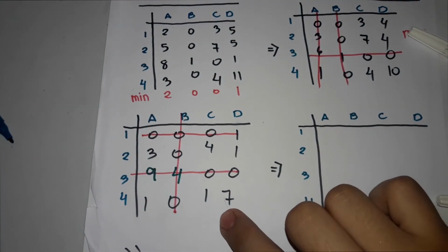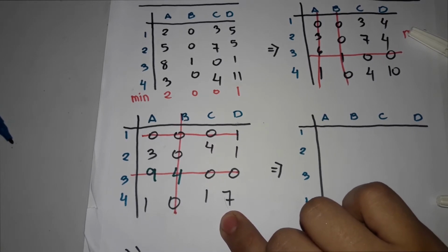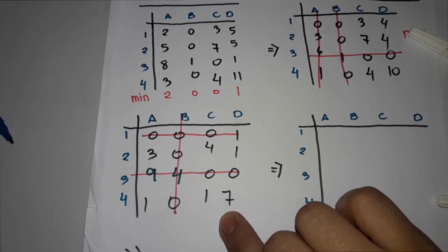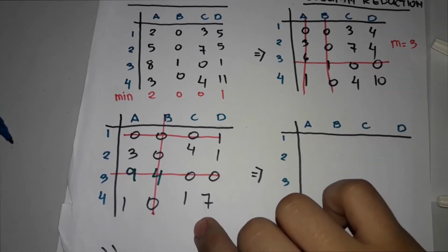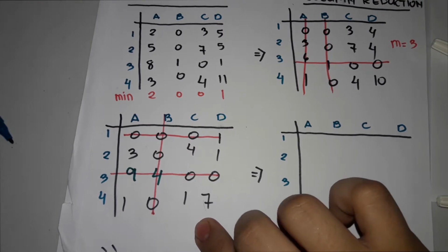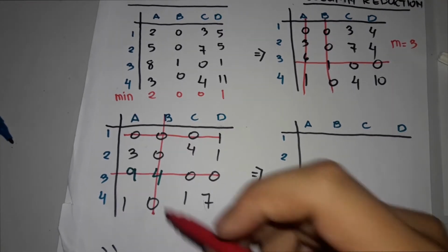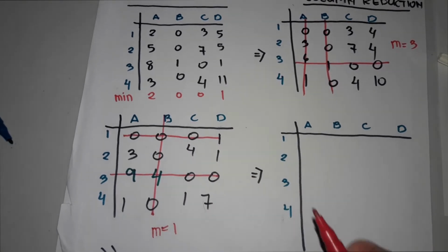From this newly obtained table, the zeros are covered with lines, and then we are going to repeat what we did in the previous table. From the uncovered numbers, we find the least, which is equal to 1.